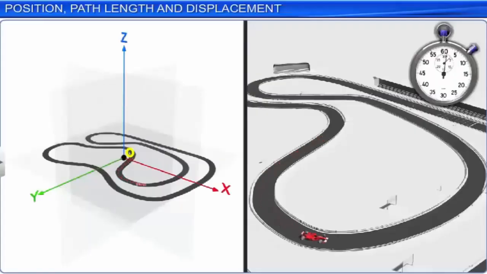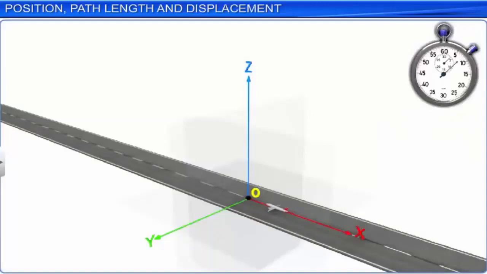If the body is moving in a plane, then we consider any 2 of the 3 reference axes. If the body is moving in space, which is 3-dimensional, then we have to consider all the 3 reference axes.